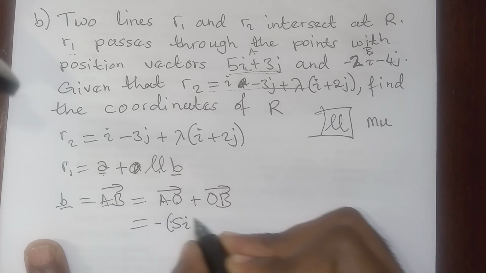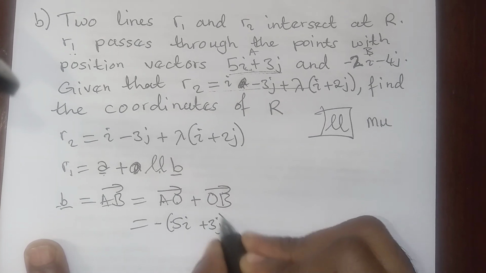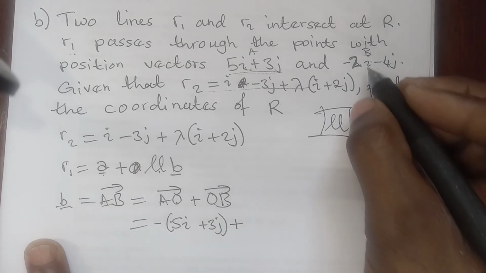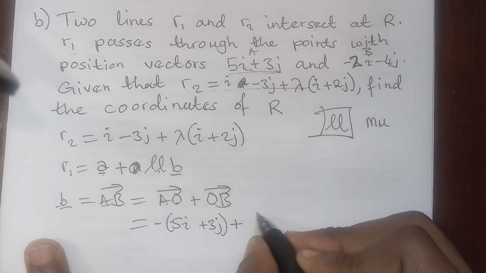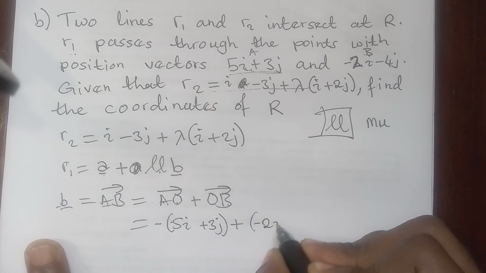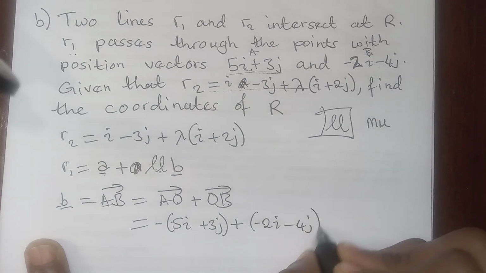So 5i plus 3j, and then plus OB will be this one here, minus 2i minus 4j.